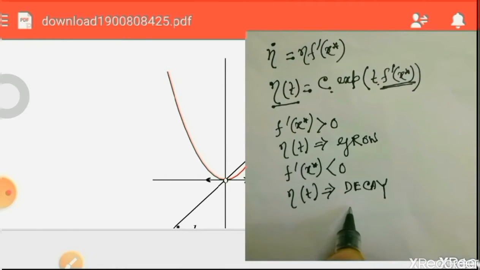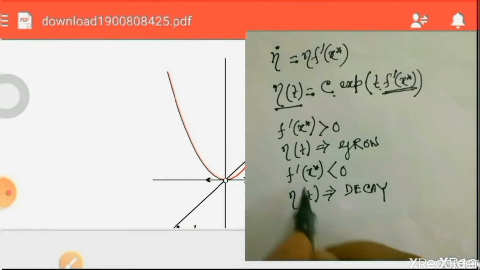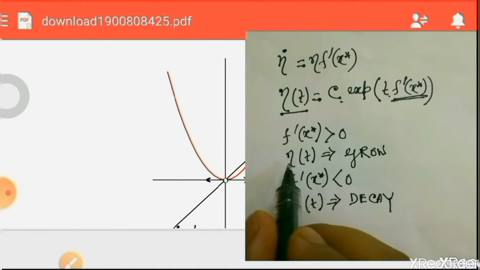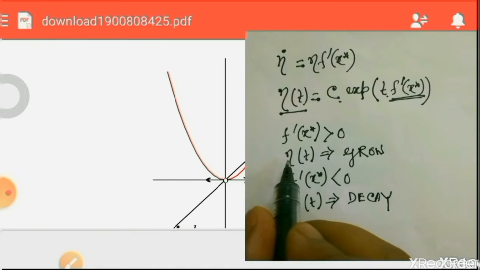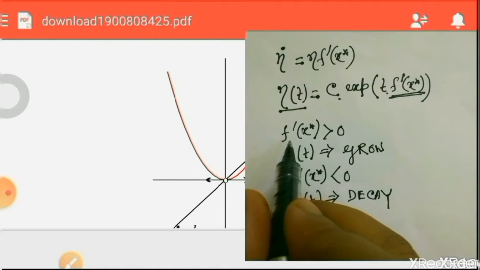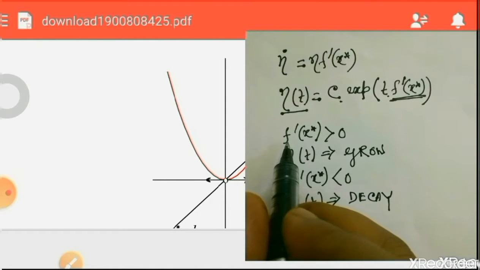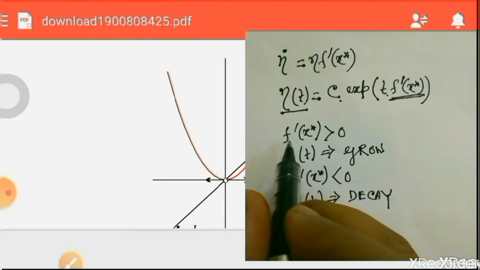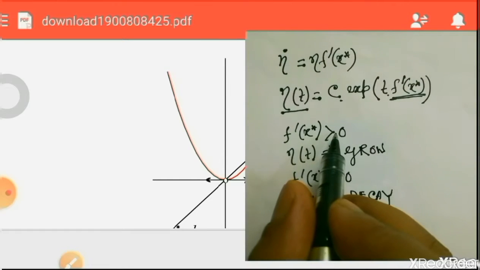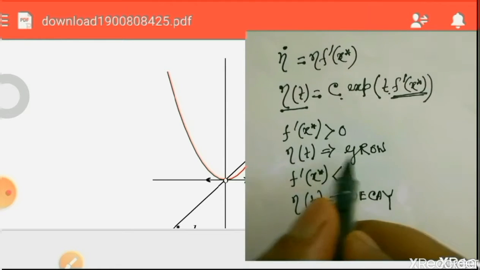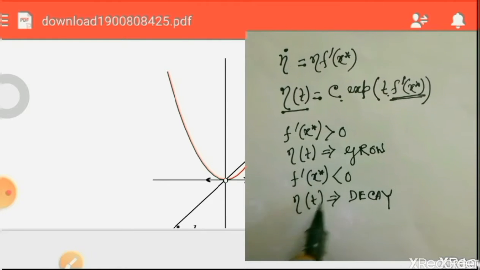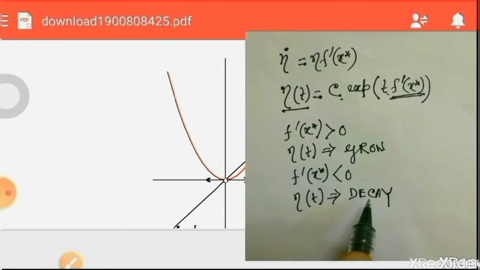As eta t represents the perturbation from the fixed point, when f prime x star, that is the derivative of the function with respect to x at the fixed point, is greater than 0, the perturbation grows, and if it is less than 0, then the perturbation decays.